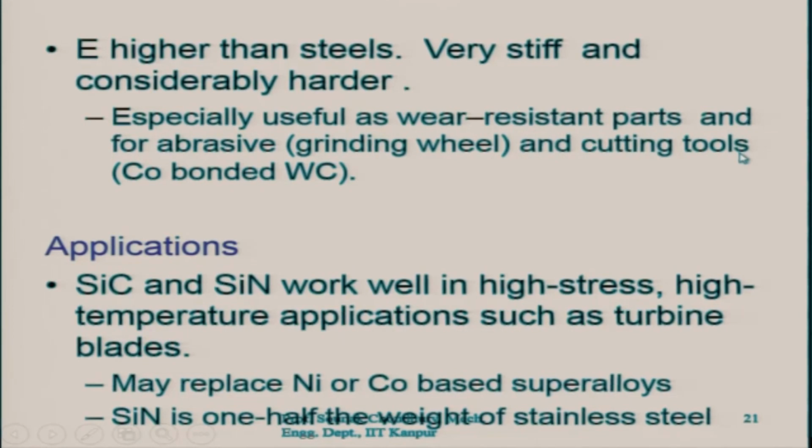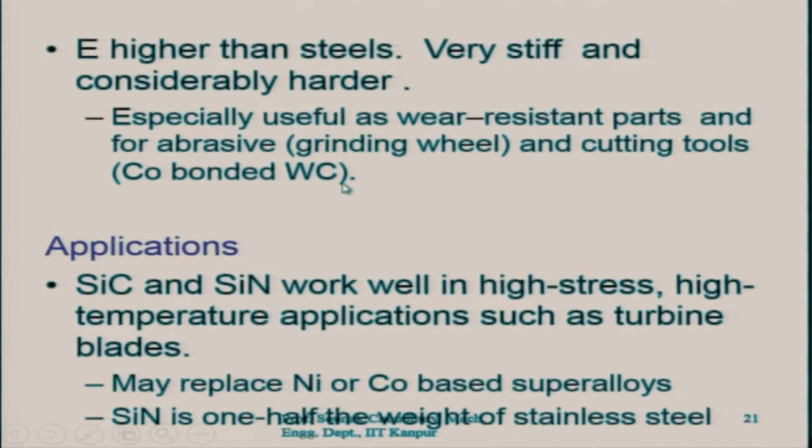Cutting tools are very often made of tungsten carbide. They are very strong, and of course they are brittle as I said, but they can withstand very high temperature and have quite good wear resistance. So, the tools do not wear out very easily when they are made of tungsten carbide.